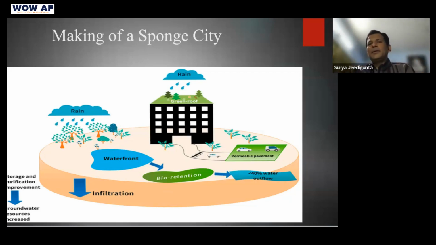Then I think we will be able to help ourselves with this flooding. And second, we will be able to recharge all our lakes and ponds, and most importantly, achieve whatever we want, like net zero or climate neutral. So all these things are possible.